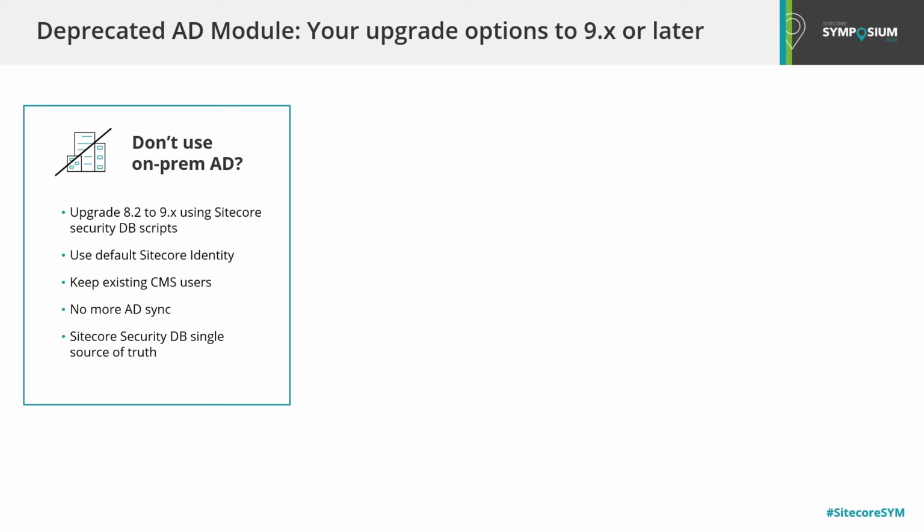Then you'll need to use the default Sitecore identity provider for your Sitecore local users. This option means you'll keep all your existing CMS users after the upgrade. There will be no need of doing on-premises AD sync anymore. Your upgraded Sitecore identity database is now your single source of truth for the identity management.